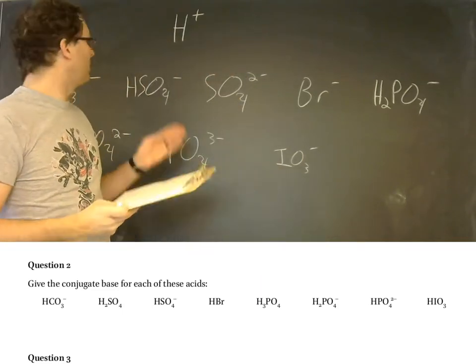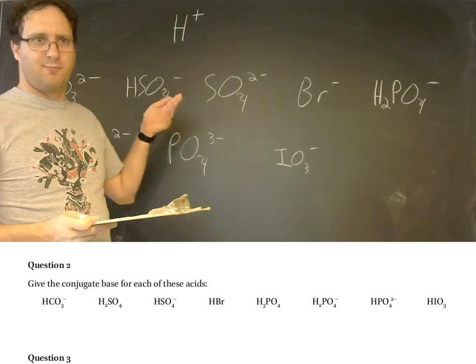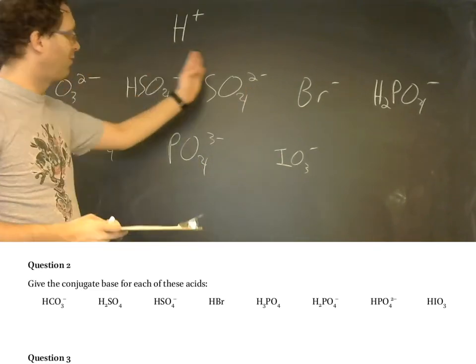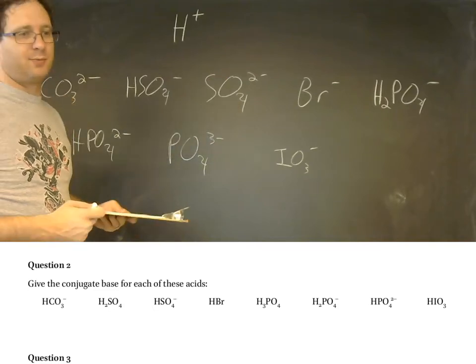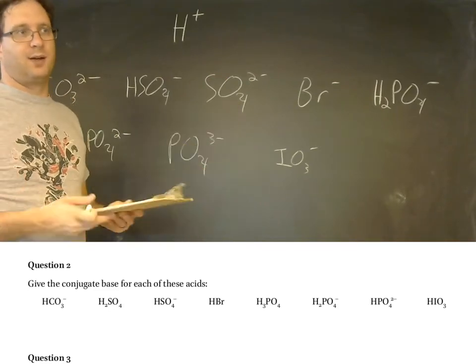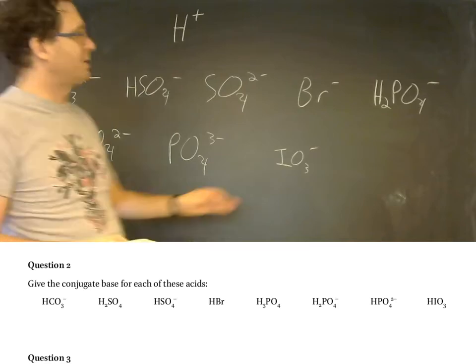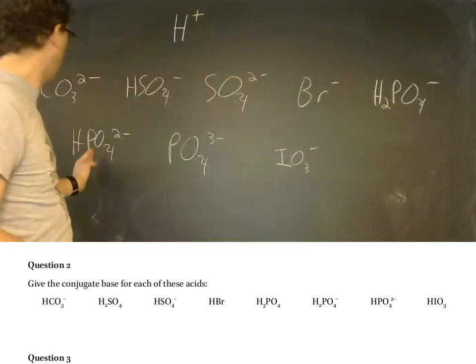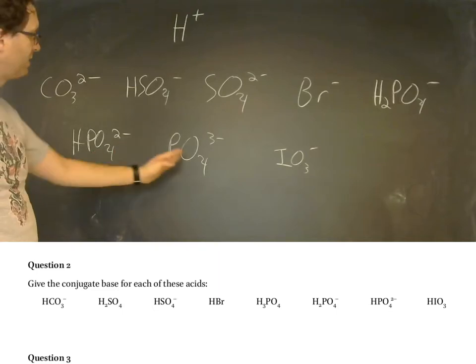And some of these are obviously parts of multiprotic series. So H2SO4 to HSO4- to SO4 2-. That's a multiprotic series, as well as the phosphoric acid series, H3PO4, H2PO4-, HPO4 2-, and PO4 3-.